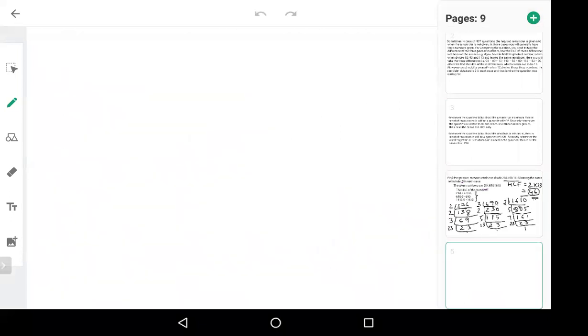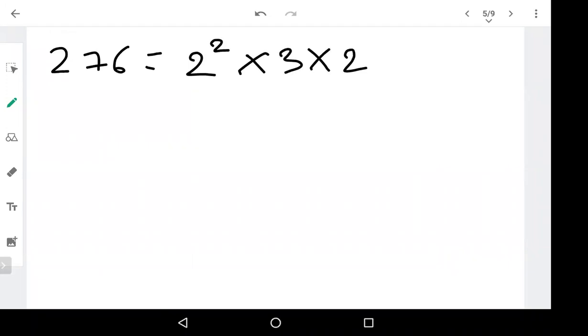So what were the factors for 276? We had 2 square into 3 into 23. Correct?